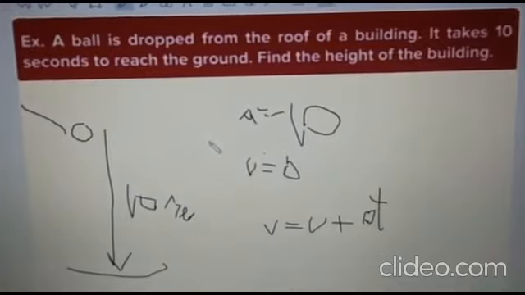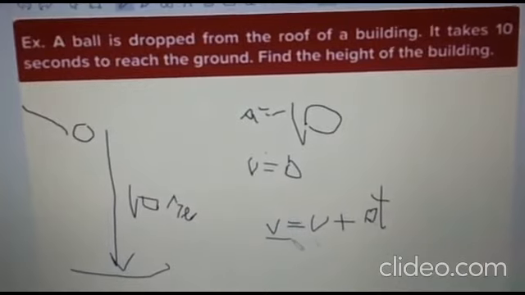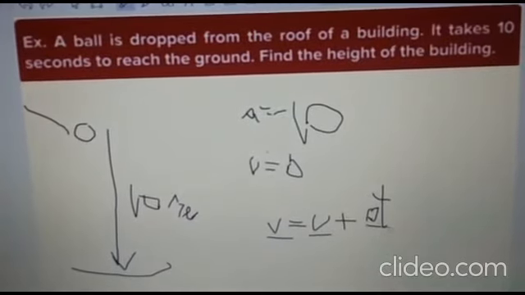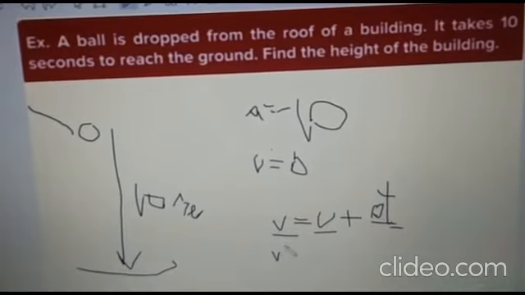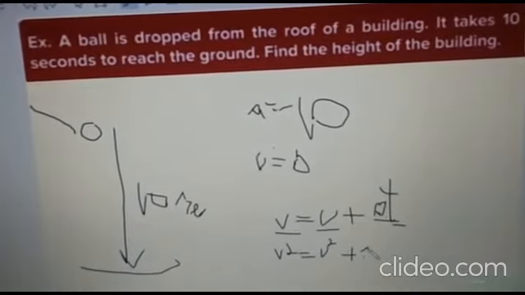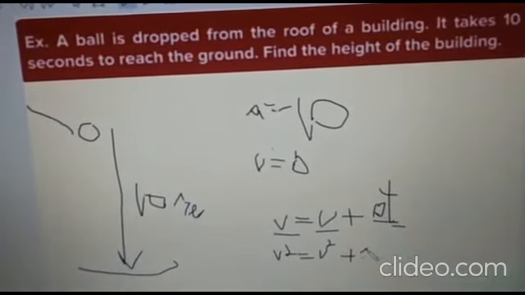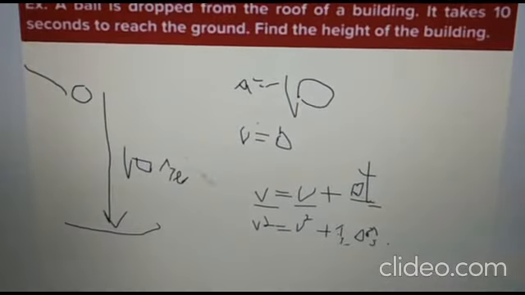In the first equation, the final velocity is not given, so it does not fit. The second equation is v square equal to u square plus 2as. Here again v is not given, so we can't use this one. What is the third equation?